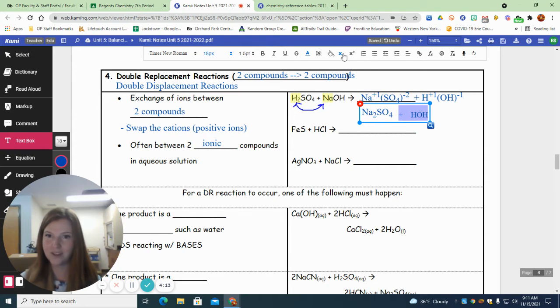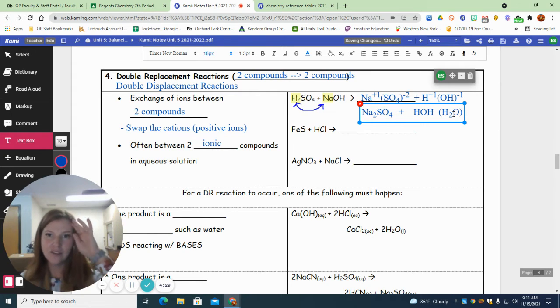Now, what is HOH? It's water. So you can write water as HOH, or you can write it as H2O. Both are perfectly acceptable. The reality is that a water molecule can break apart into hydrogen ion and hydroxide ion, so it's not wrong to think of it as being HOH. We're just more used to seeing water written as H2O. So we have that swapping.